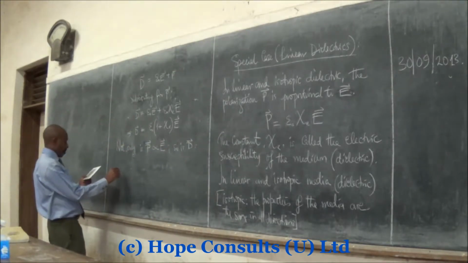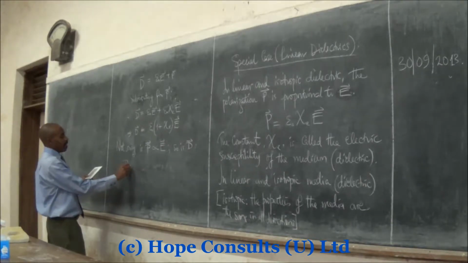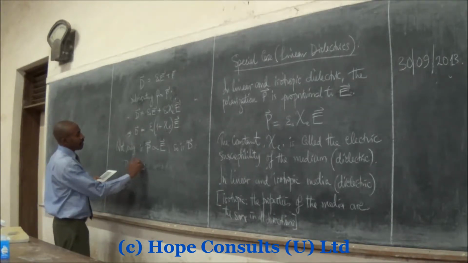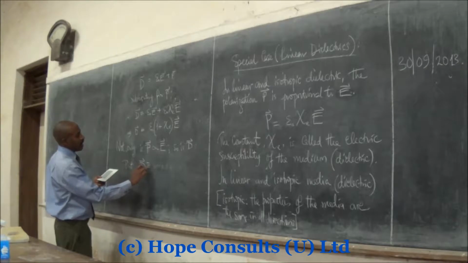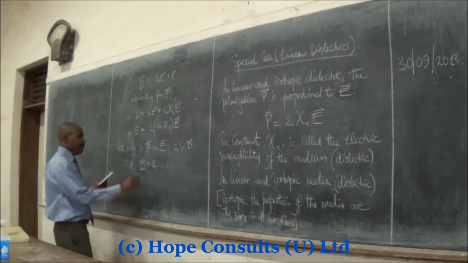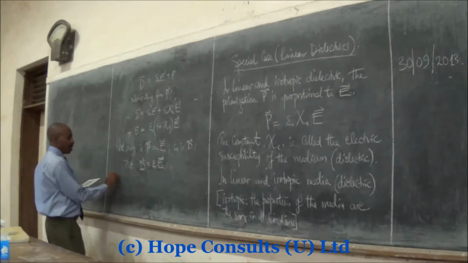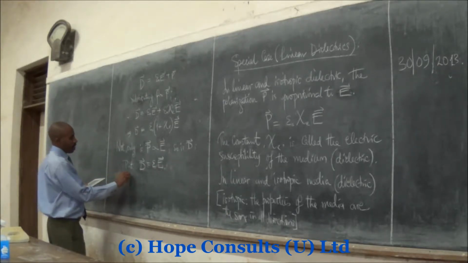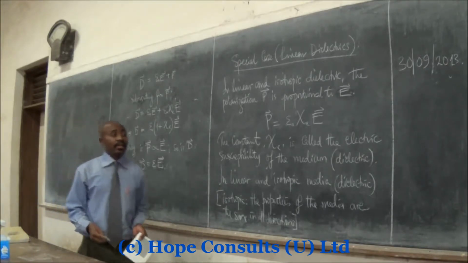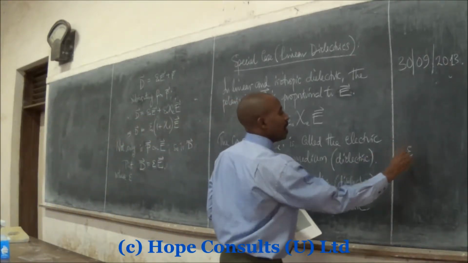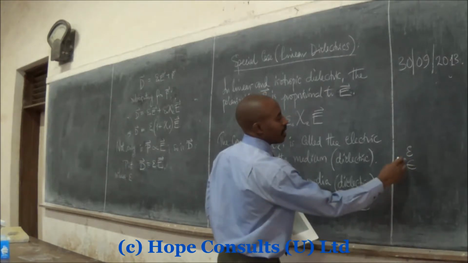So we can say that D is the same as epsilon E, where of course our epsilon, in some books, is written differently.